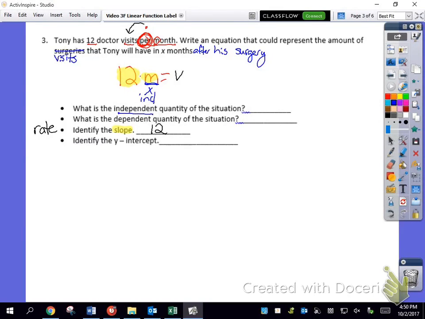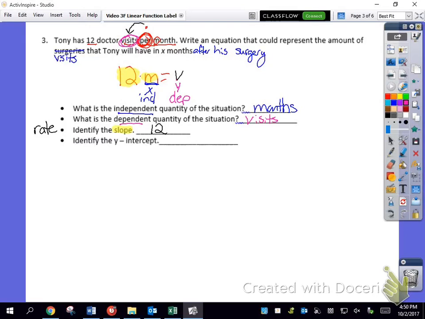So the independent is months. The dependent, that is your function, that's my y, and it's about the number of visits. The one that's behind is always the independent, the one that's in front is your dependent.